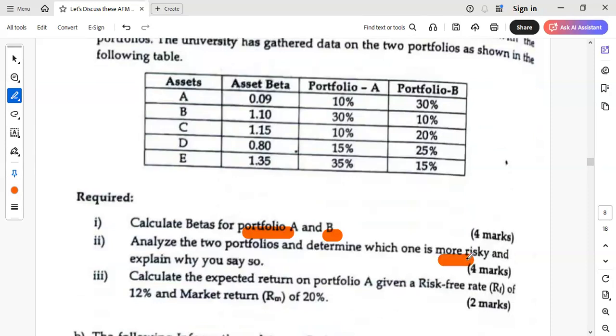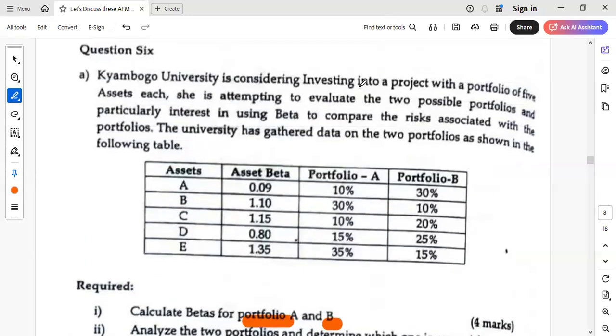The one which is more risky will depend on the beta. Then part C, we calculate the expected return on portfolio A given a risk-free rate of 12% and at 20%.